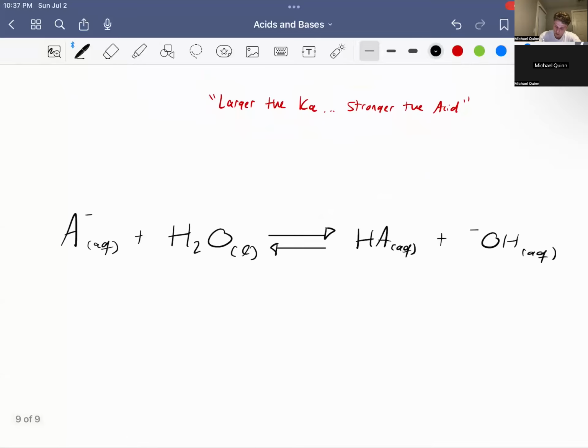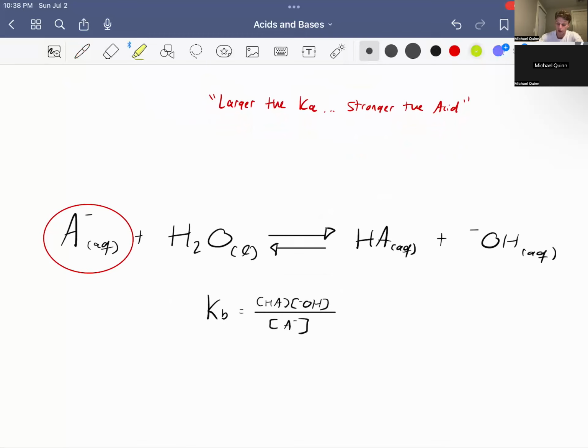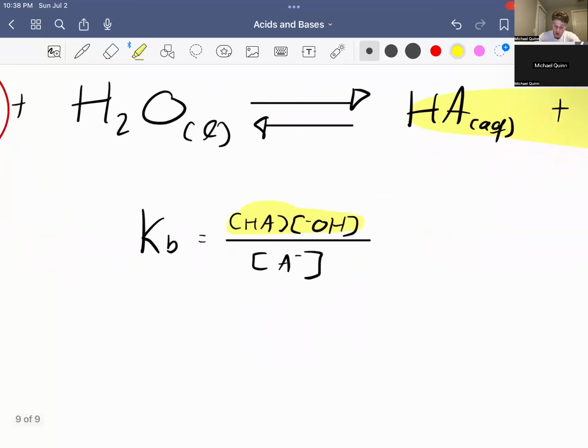So we write our Kb expression for this. This is going to be equal to HA times OH- over A-. So what we can see is the stronger this base, the more it will accept a hydrogen from water and produce our products, which we can see right here. And the more products we make, the bigger our numerator and the greater Kb will be.